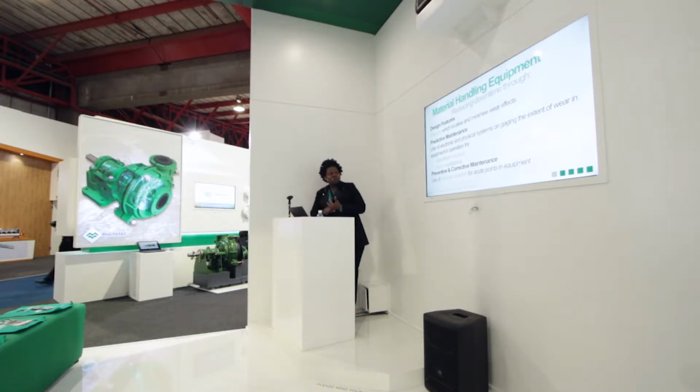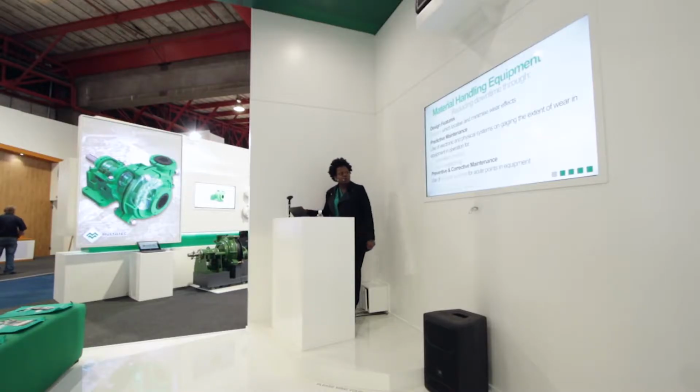And also on your predictive maintenance, you want to use some electronic and physical systems just to gauge the extent of the wear that has already occurred in the equipment, so that you can tell that now we have to change this part of the equipment.